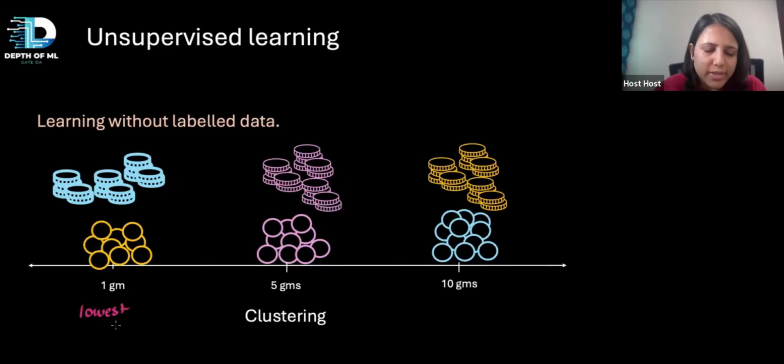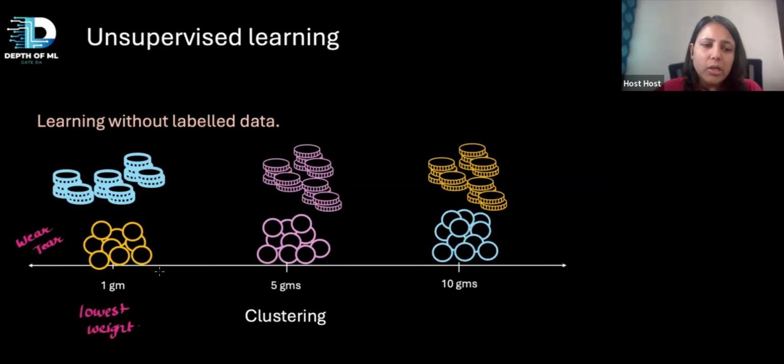I'm saying, for example, they're 1 gram. Can you see that they're not exactly 1 gram? They're slightly here and there because of usage. When you use coins, they wear and tear, so their weights might differ. And sometimes they get dirty, so a little bit of weight might get added.